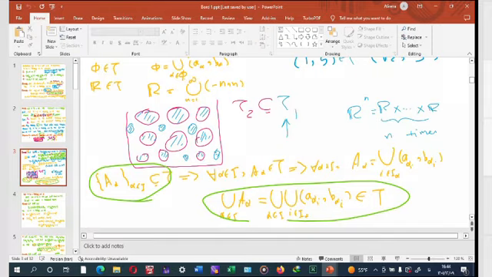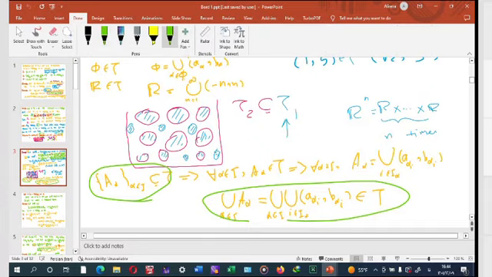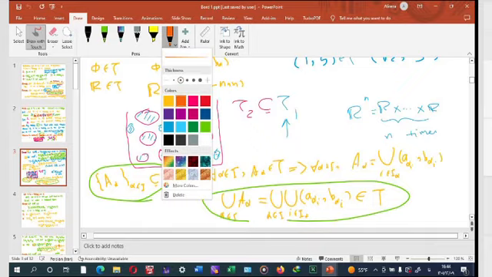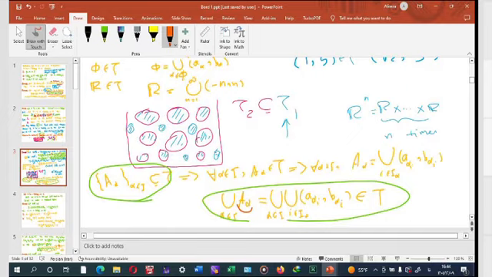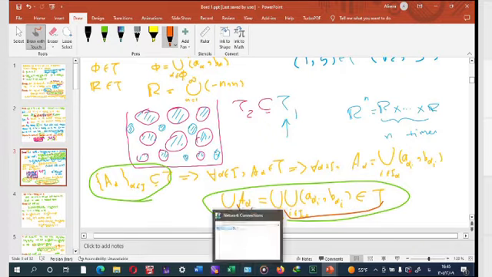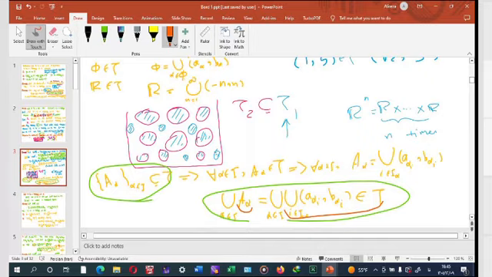So the union of A alpha equals the union of this set, because A alpha equals this, and this is a union of open intervals, so this must belong to tau.